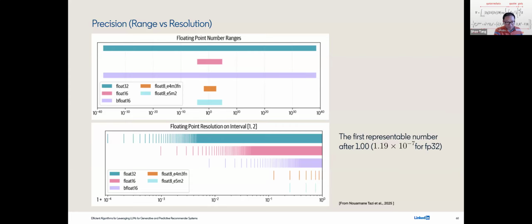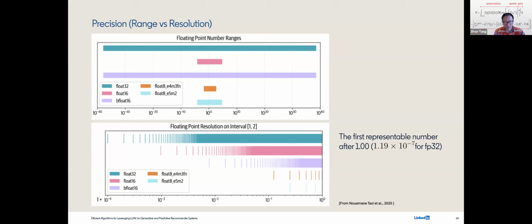So it definitely hits 10 to the minus 4, right? But for example, for float 16, if you see the red bar here, the minimum representable number above 1 is like 10 to the minus 3.